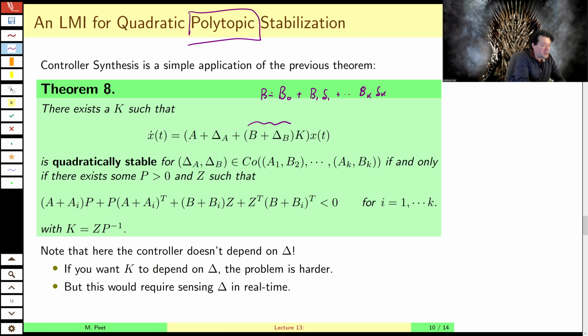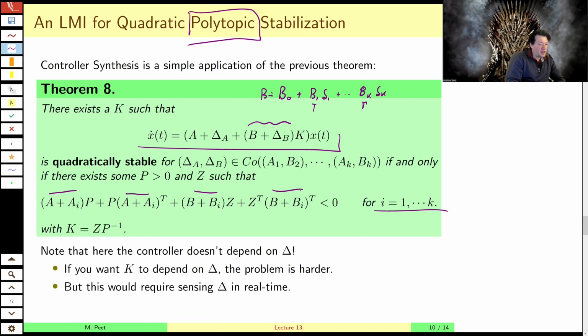So anyway, we have an uncertain system. We have now uncertainty in our B matrix as well. However, nothing other than that really changes. This is our stabilization LMI. It has to hold at all of the vertices, so these BIs. It's just the same except we have A plus AI and B plus BI.